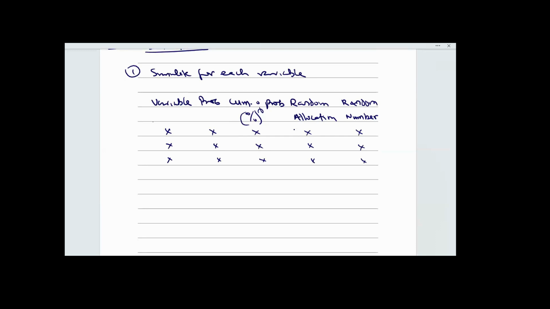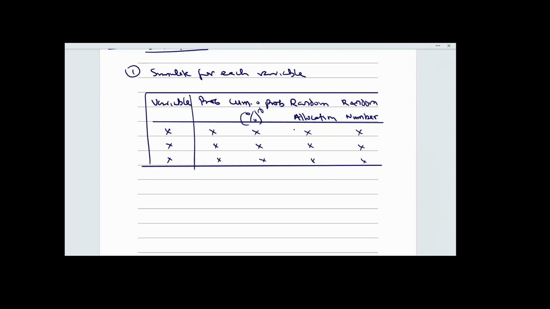The examiner will surely give you the random number or the tag number, but you are the one that will assign it to the relevant column or row. So this is the format for calculating for simulation. Whenever you want to simulate for variables, this is the format you are supposed to use.